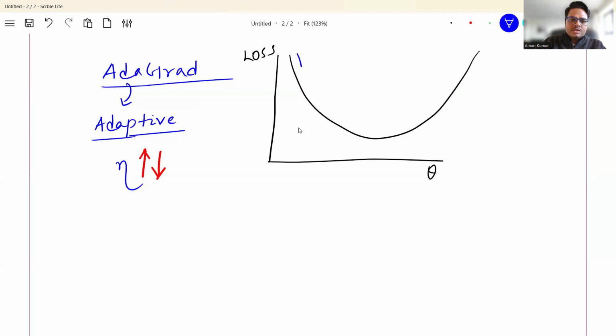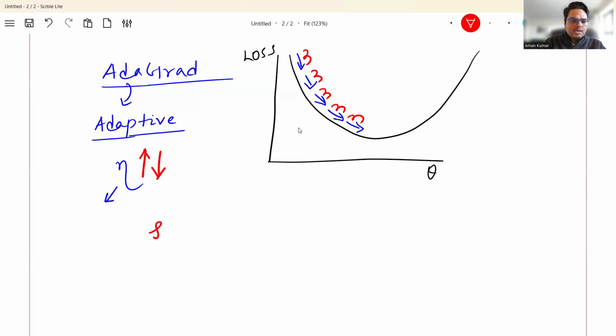Suppose in gradient descent, you start moving in this direction, and this direction, and this direction. And your learning rate is fixed. So the size of your steps, this distance and this distance and this distance, will depend only on the gradient.